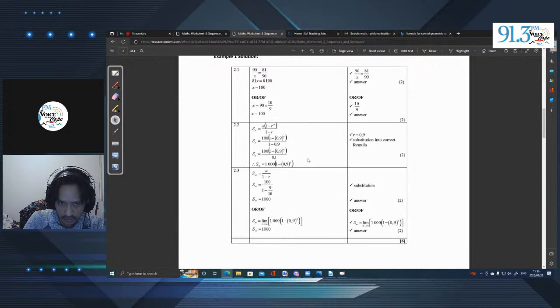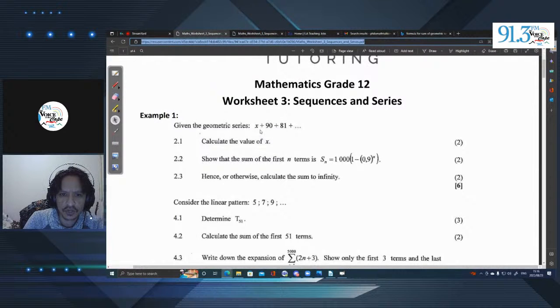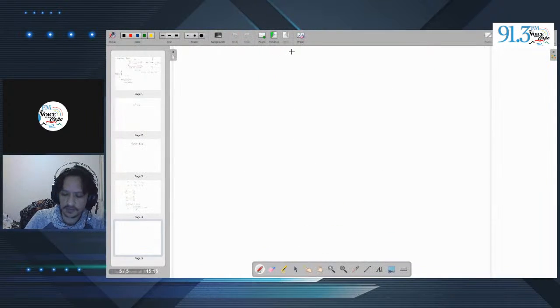That's correct. Right. So R is 100. Okay. So as we can see here, they substitute. If you look here at the original question, we have our x value, which is 100, and our R value, which is what we need to work out. So let me just get this formula. Sn equals A(1 minus R^n). Okay, we'll just write it in over here so we can do a recalculation.